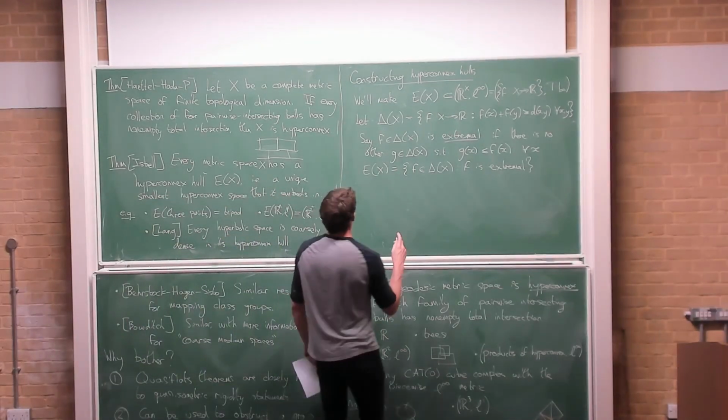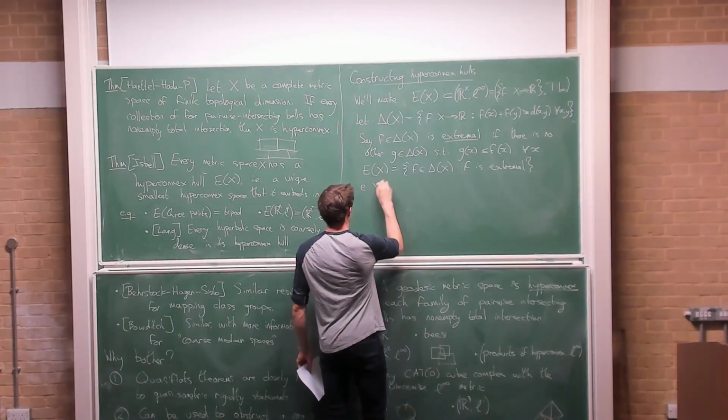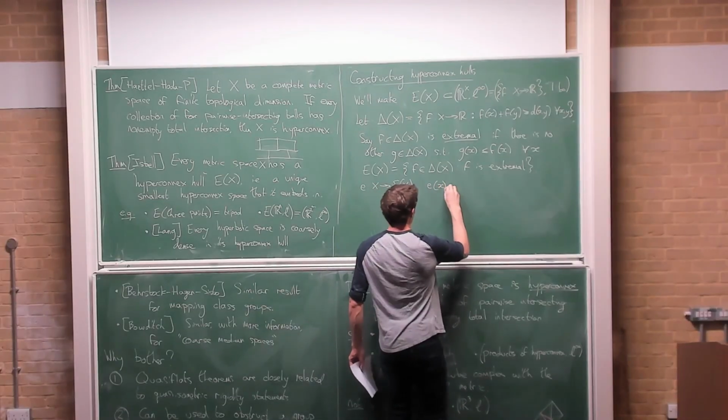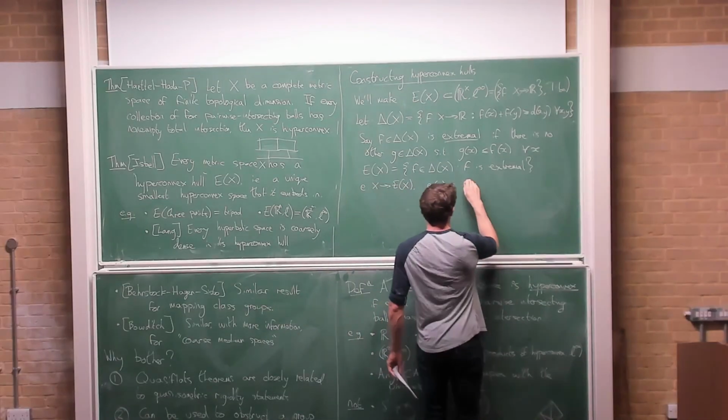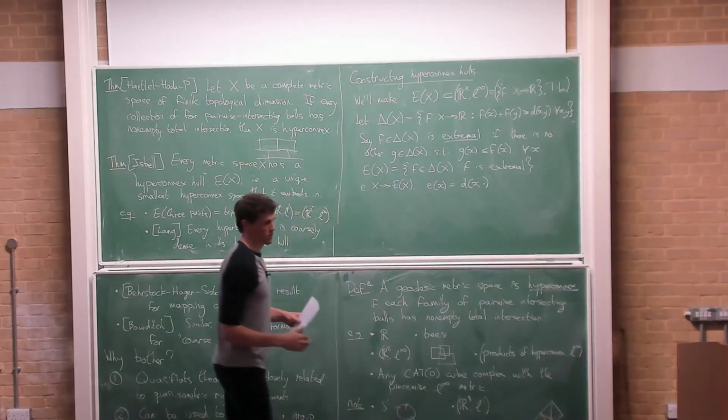Oh yeah, very good question. There's a map E which takes x to E(x), where E(x) is the function distance from x to blah.